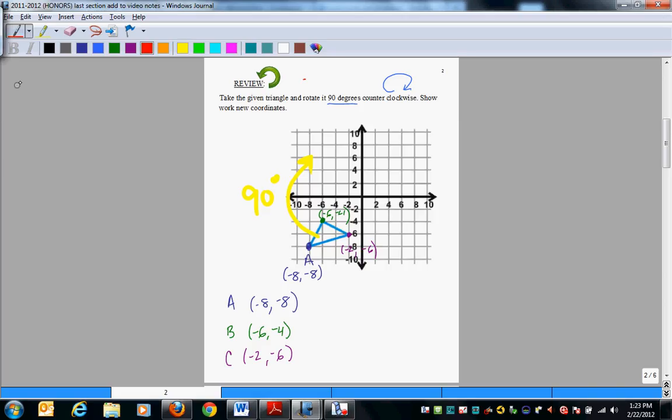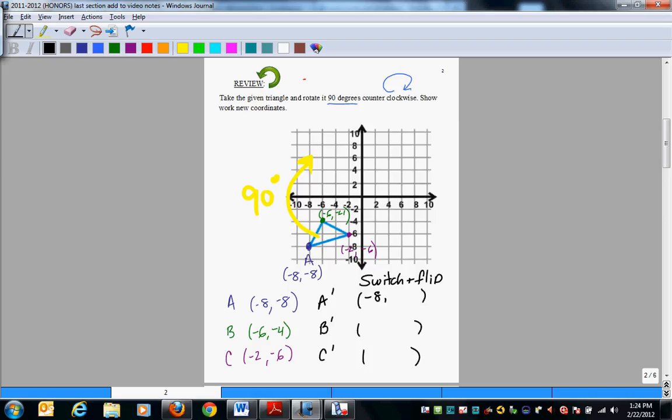Now the trick to rotating 90 degrees is switch and flip. Switch the order and flip the sign. So step number 1, there's A, there's B, there's C. Step number 1 is you want to switch the order.